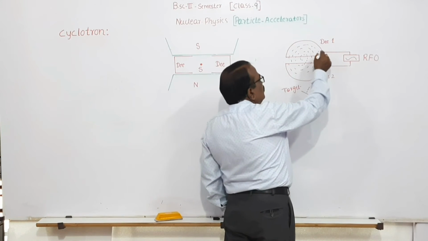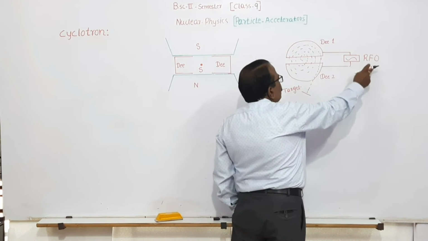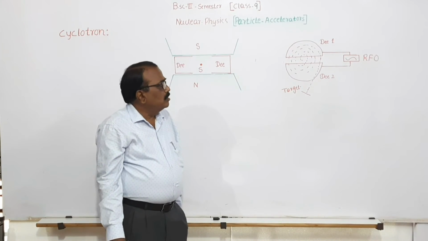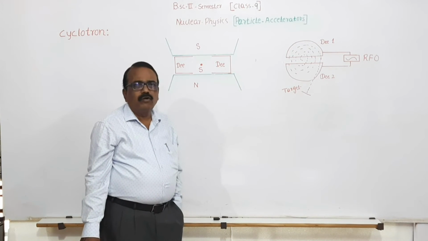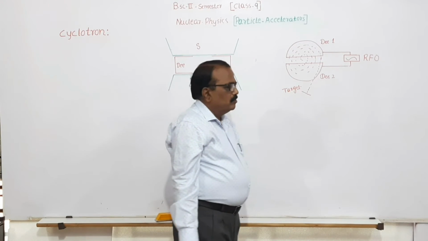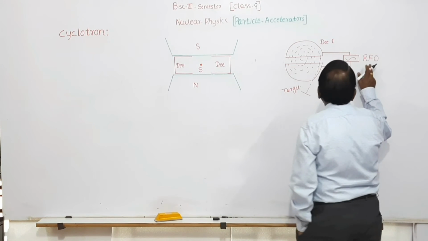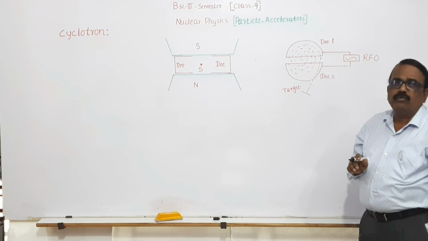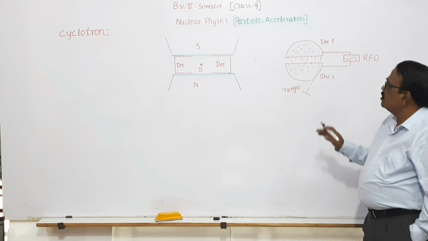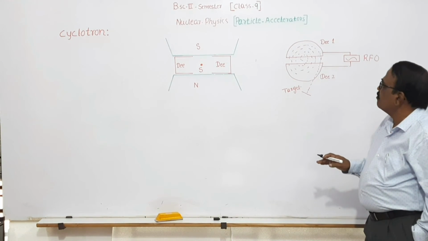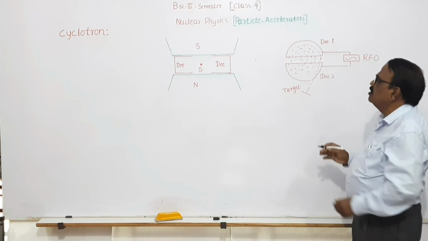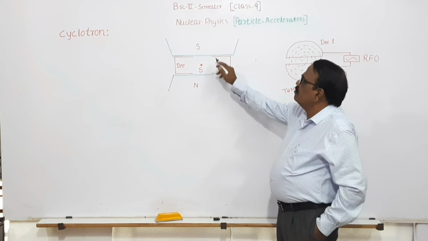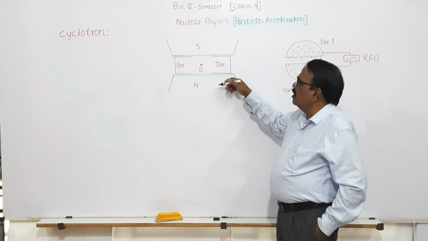These Ds are connected to a high frequency radio frequency oscillator. With the help of this, a very high potential of the order of million volts can be achieved, and this entire system is placed in a strong electromagnet.